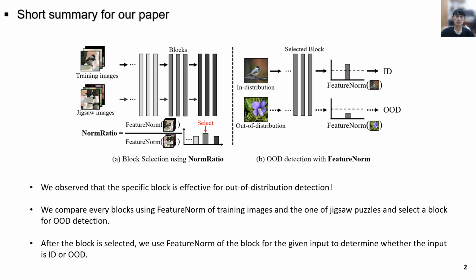We consider jigsaw puzzles as a representation of OOD examples. Subsequently, we select the block that produced the highest ratio of L2 norm for the training images to the L2 norm for the jigsaw puzzles. Once the block is selected, we use the feature norm of that block for the given input to determine whether it belongs to the in-distribution or the out-of-distribution.